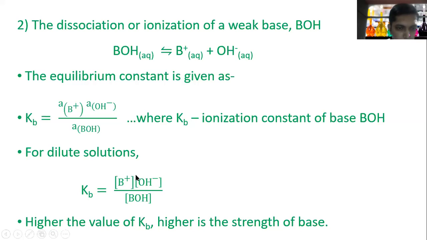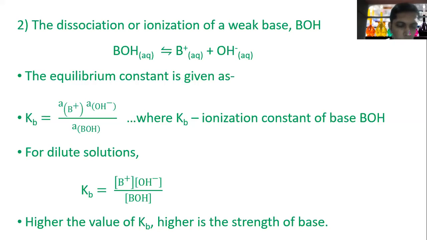That means if there is more dissociation, the value of Kb will be more, and the base will be stronger. So this Kb is also a measure of the strength of a base. Higher the value of Kb, higher is the strength of the base, or stronger is the base.